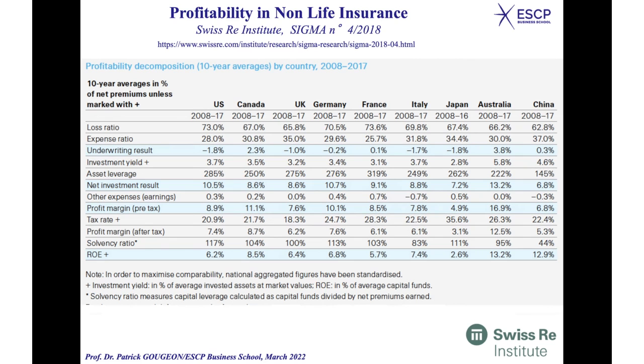You see that in most countries, except Canada, plus 0.1%, Australia, and China, which is a bit special, we often have a negative underwriting result, which is compensated by a net investment result that is high enough to end up with a high return on equity.